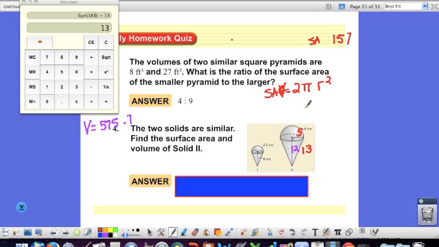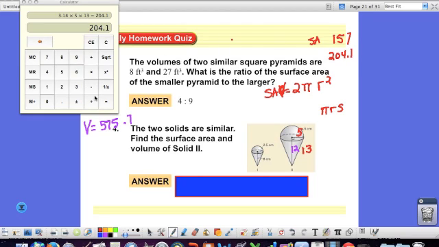So let's think about this formula. It was originally the area of the base plus pi times the radius times this lateral length. So it was 3.14 times 5 times 13 equals 204.1.